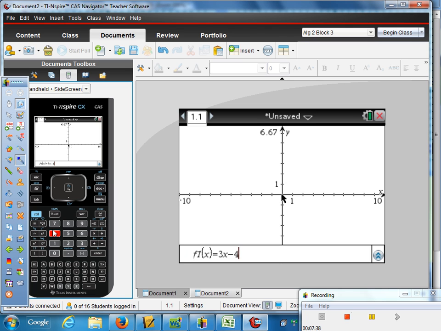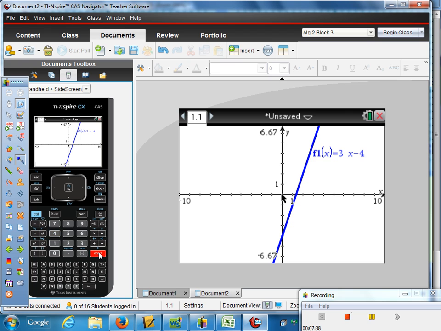X is down here on your keyboard. It's just an X. Press enter. Now, to type it in though, your equation has to be y equals. What if they give you an equation that's not written as y equals? You have to solve it into y equals form and then type it in your calculator.